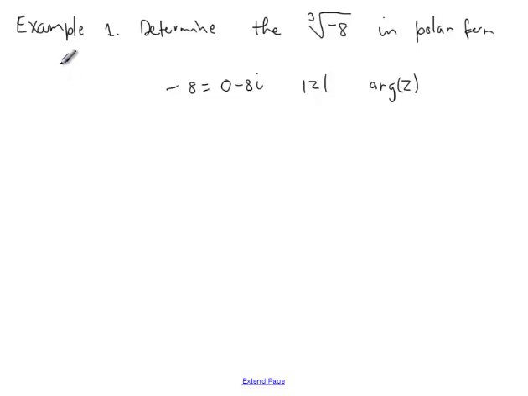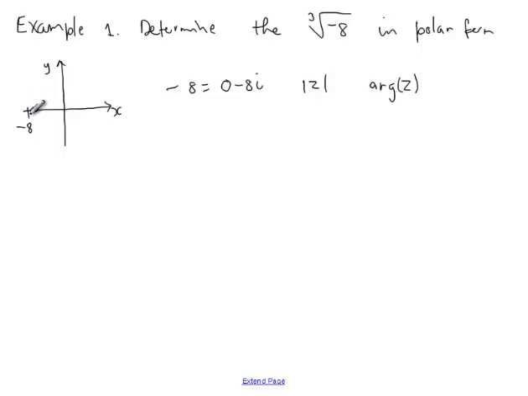Sometimes when it's easy, I don't really worry about the formula for finding the argument. I just plot my number on the system of coordinates. Minus 8 will be somewhere this side, and I'm just choosing some scale there.